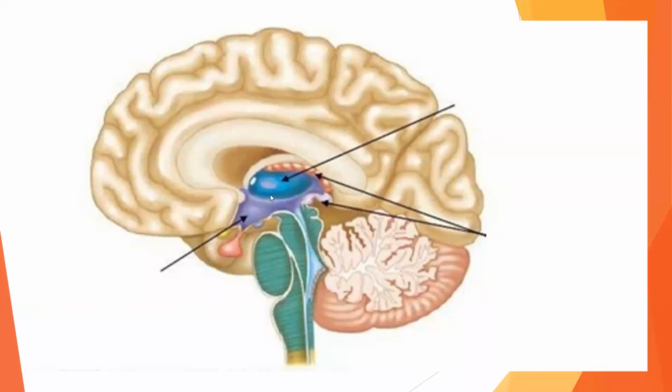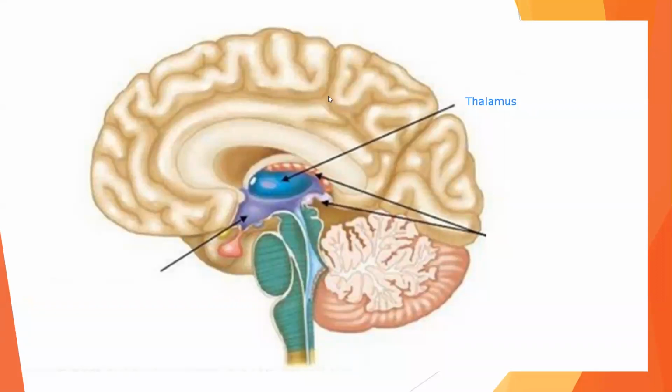Let's continue and identify the different parts of the brain that would be involved in our endocrine functions. Before we proceed, can somebody from the group identify the area that is here or here? You are correct. So that is the thalamus.